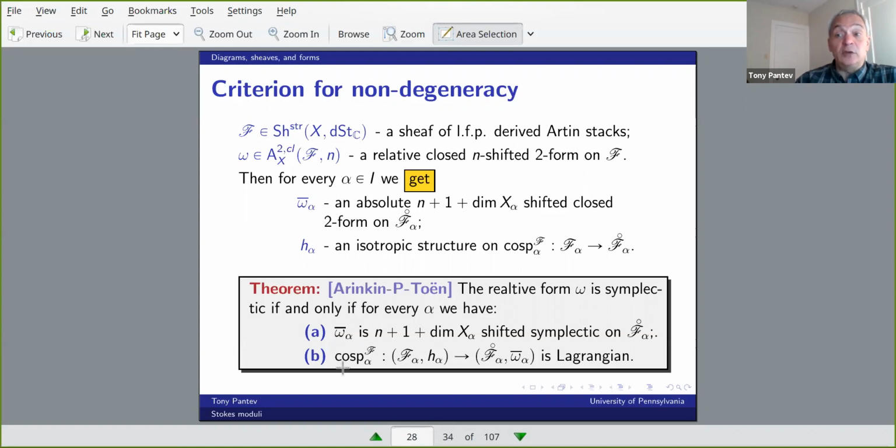So it's something that you can combinatorially check stratum by stratum. The data of the form really disassembles into these pieces, and checking non-degeneracy is really checking non-degeneracy stratum by stratum, which turns out to be very useful. I mean, that's what allows you to do computations.